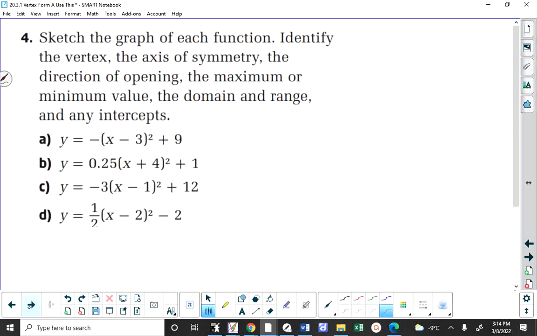You should be able to tell me, even if you don't graph it, without using a graphing calculator, the domain, the range, is it a max or a min? Where does it happen? What is it? What the axis of symmetry equation is? Where's the vertex? Does it open up or down? You should be able to tell me a grand story about each of these without using a graphing calculator.